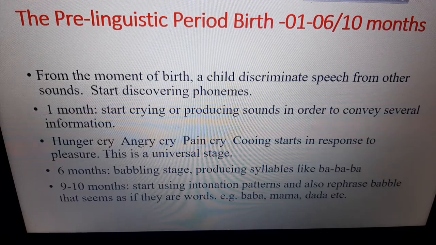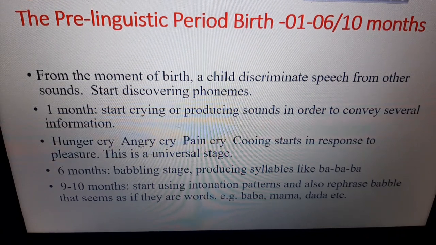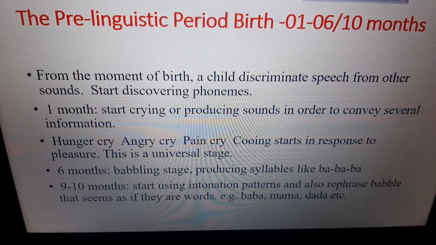The pre-linguistic period, from birth to 6 months, or it may continue till 10 months. From the moment of birth, a child discriminates speech from other sounds and starts discovering phonemes. At month 1, the child starts crying or producing sounds in order to convey several kinds of information: hunger cry, angry cry, pain cry.